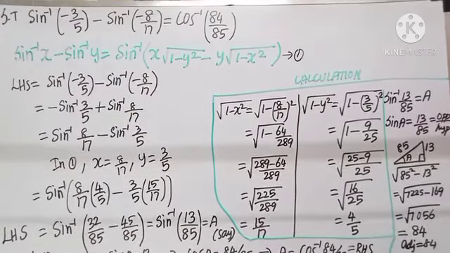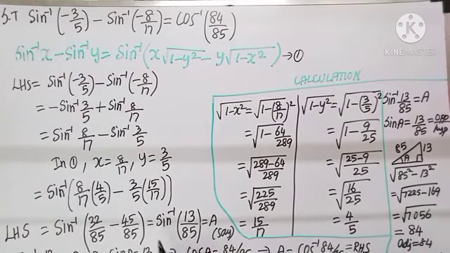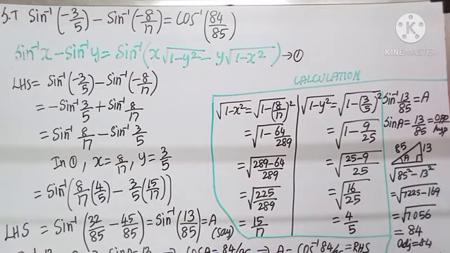But RHS is expected in cos inverse. So, sine inverse 13 by 85 we have taken separately, we have worked out. A value sine inverse 13 by 85. Sine A is 13 by 85. From that, I am getting cos A is 84 by 85.